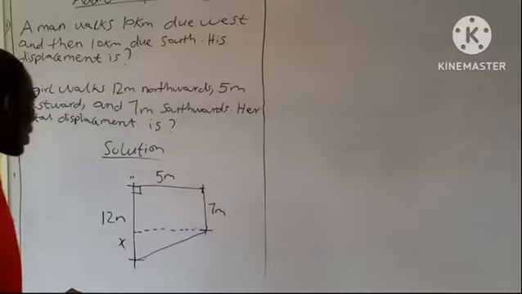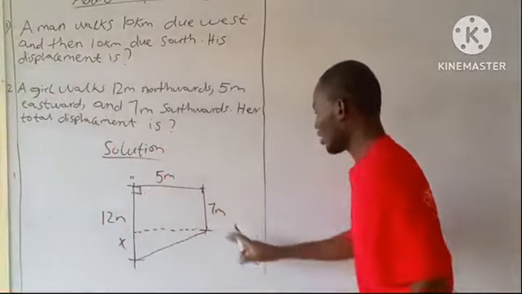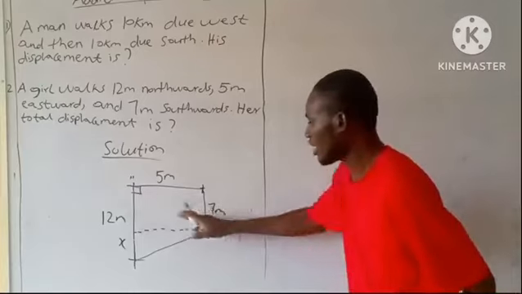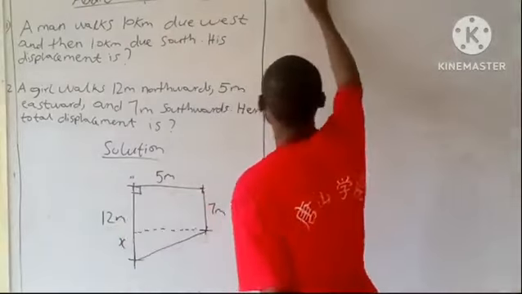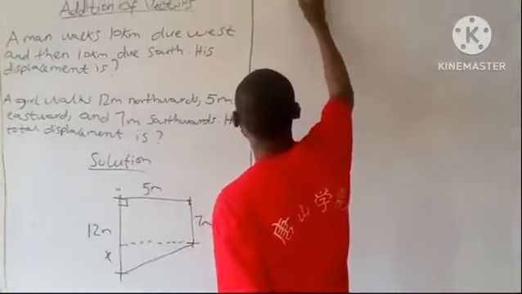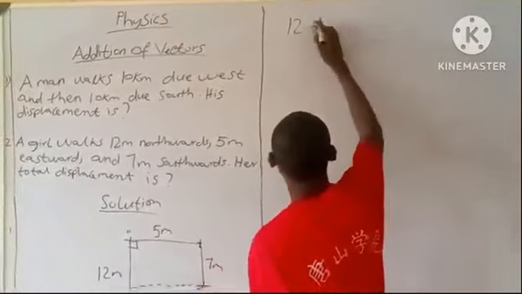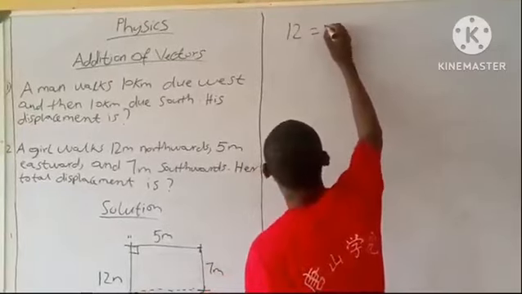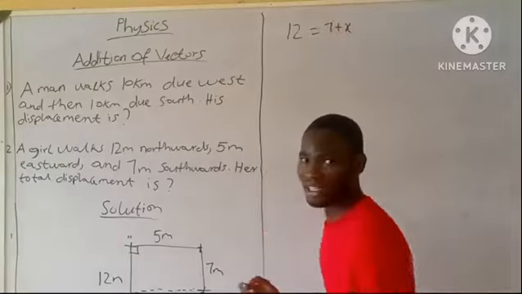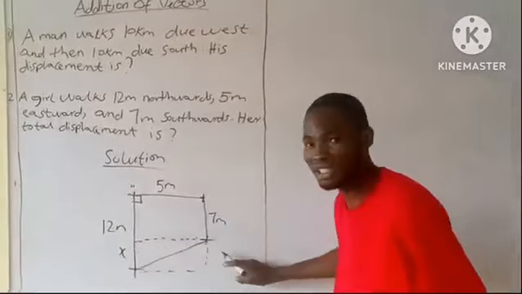Looking at this, from here to here is the opposite side. Here is already 7. The total is 12, so the total 12 is equal to 7 plus X, because from here to here is X, the opposite side.